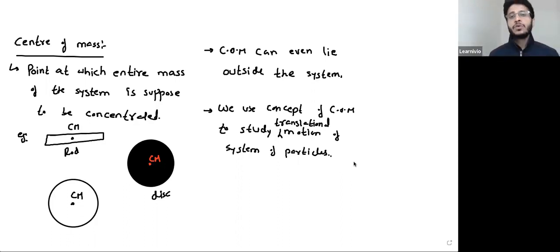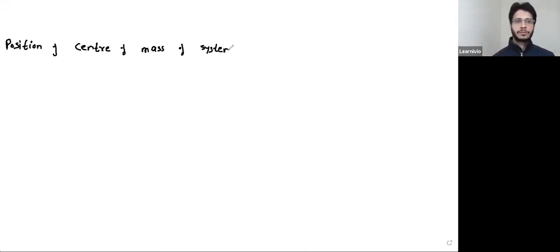Next, we will calculate terms associated with center of mass. Terms associated with center of mass means first we will calculate the position of center of mass, that is, where exactly the center of mass is. Second, we will calculate the velocity of center of mass. Then acceleration, force, momentum, and energy of center of mass of a system having n particles.